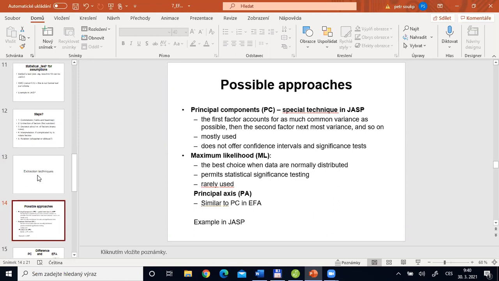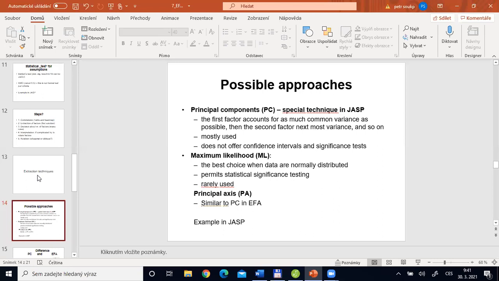The logic of principal components is that you take the first factor that would be the best one according to explained variance. The first factor is the strongest according to explained variance from the original variables. The second factor would be the second best according to the criterion of explained variance, and so on. You are taking individual factors to explain the most of the variance.